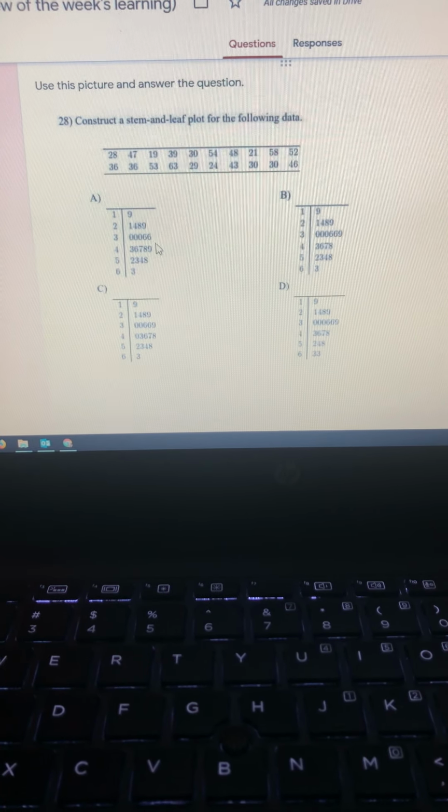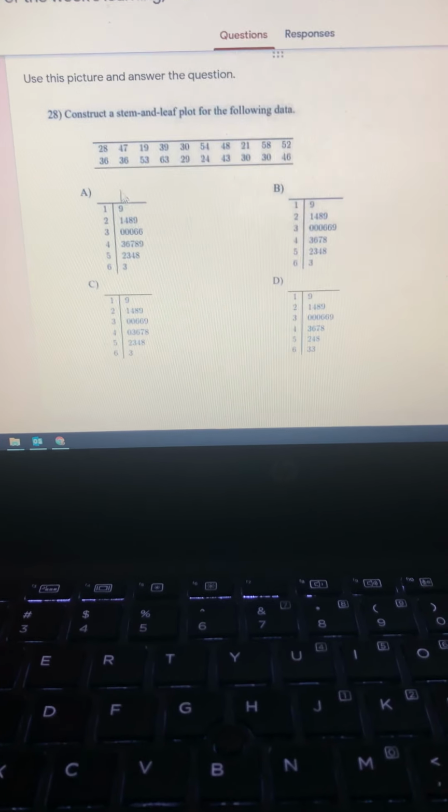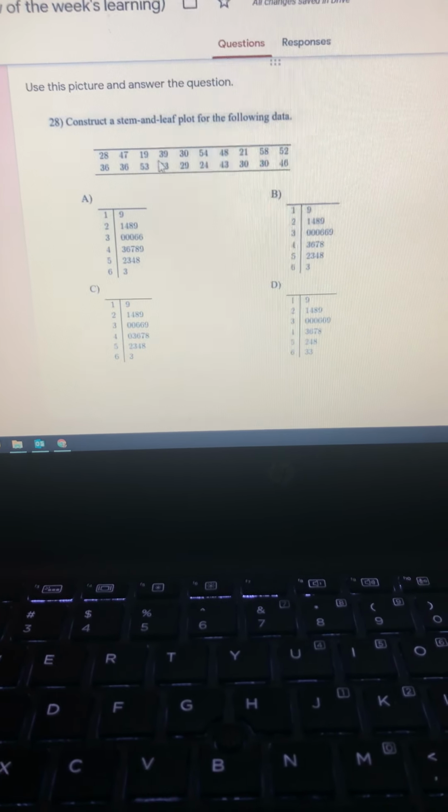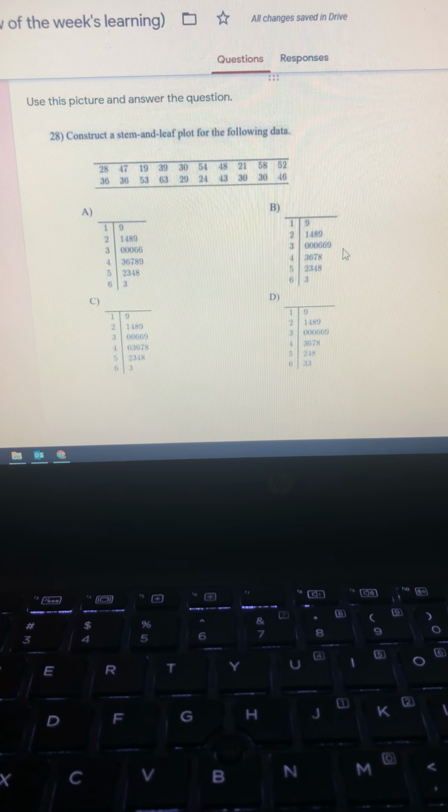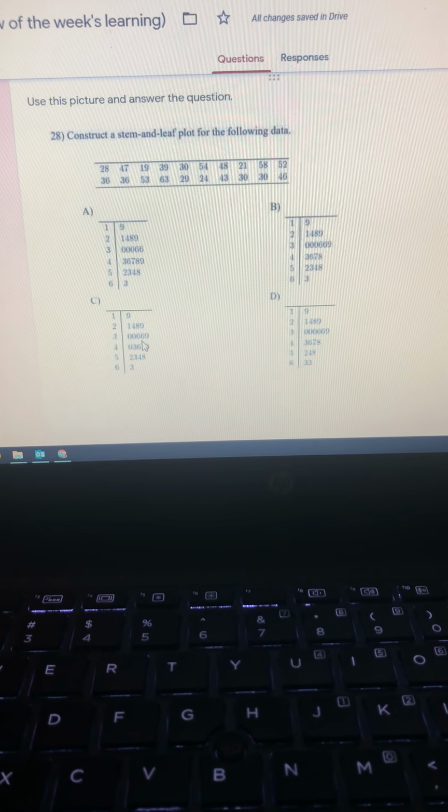We know it's not A, because this one doesn't have a 9. So we have 0, 0, 0, 6, 6, and then 9. So we can eliminate A and C.